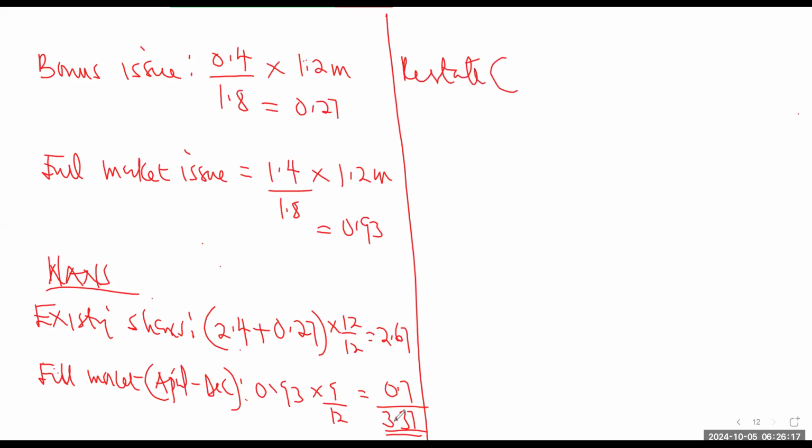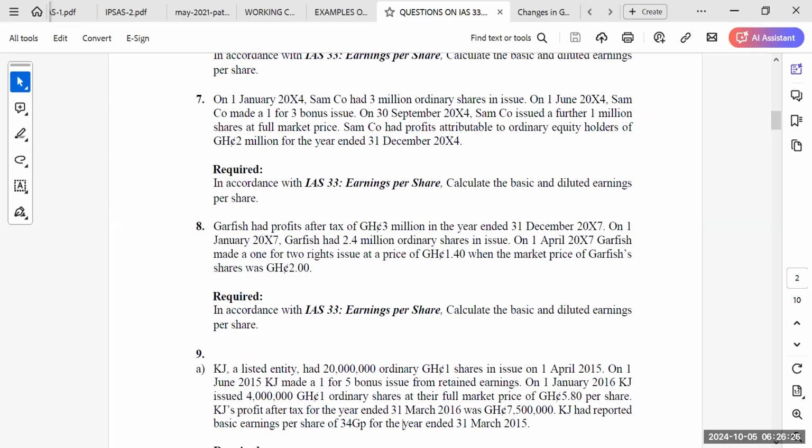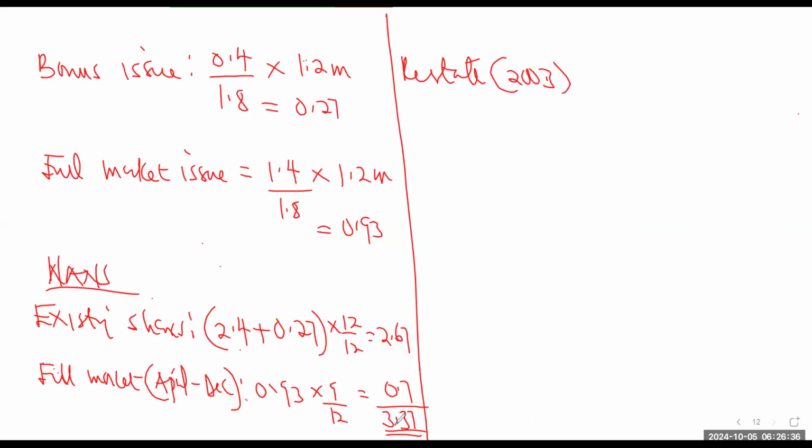So let's say the previous year was 2x8. Let me go and check the date very well before I take that. So we have 2x8 over here.